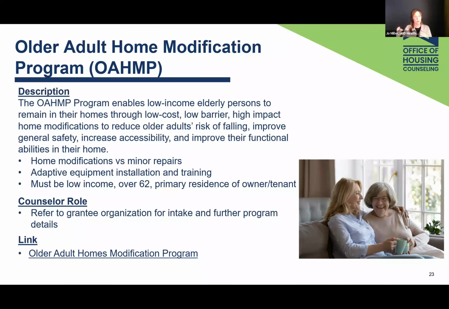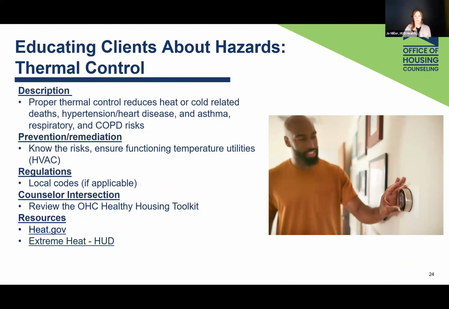It could be a nonprofit or local government; public housing authorities and Indian housing authorities are able to apply for these grants and bring them into their communities. It's a great resource. We've had an incredible success rate with these grants and made a huge impact in communities. So please know that this is a great resource for making homes healthy and safe for the elders in your community. Next slide, please. Perfect.